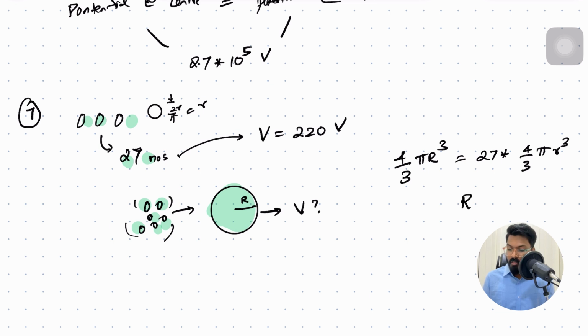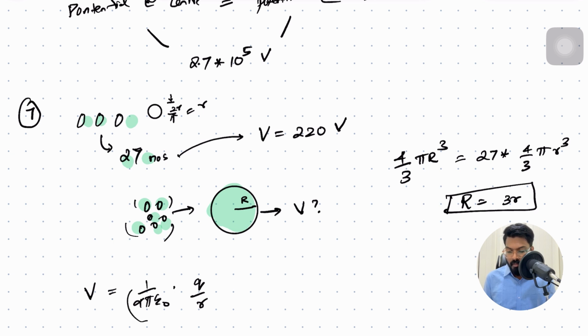When you do this, you will see that the larger radius is 3 times the smaller radius. So the formula for potential is 1 by 4 pi epsilon naught into Q by R. Let's keep it as K. So V is equal to KQ by R.